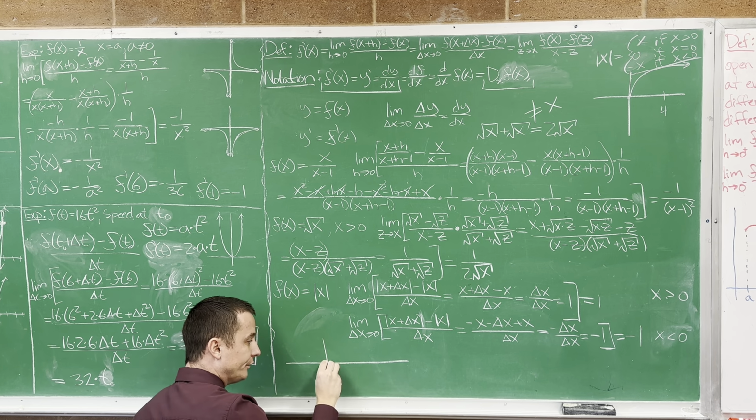Now, it's differentiable on some closed interval a to b, including the endpoints, if and only if it's differentiable on all the points between a and b, not including a and b, and the limit as h approaches 0 from the right of taking the derivative of our function at the point a, the left-hand point, spits out a number, and doing the same thing at the right-hand point spits out a number.